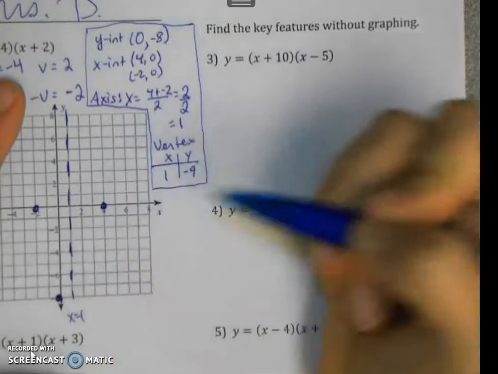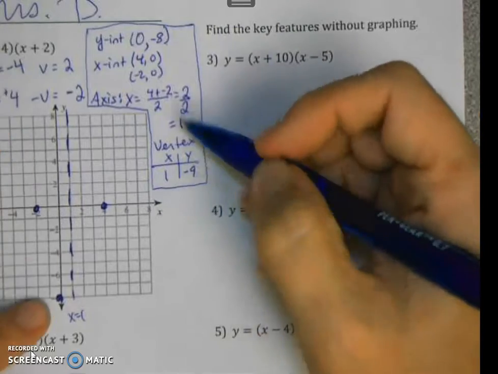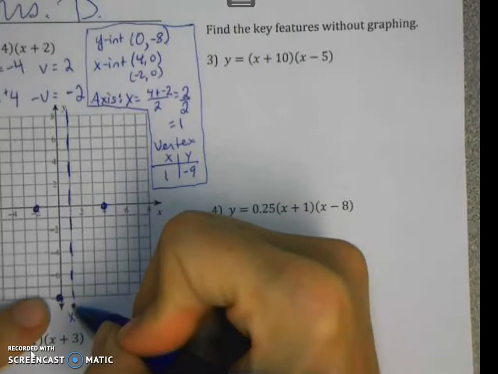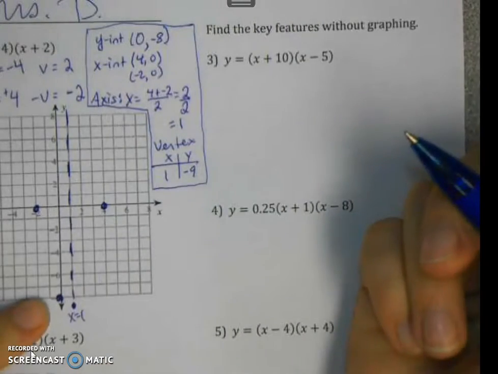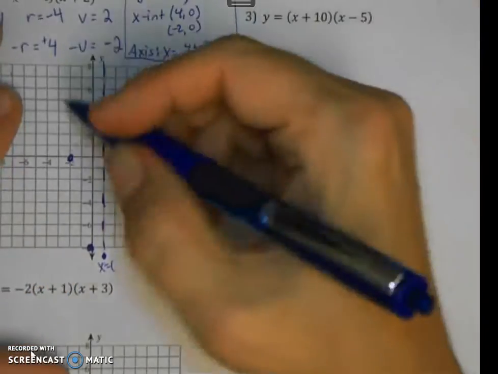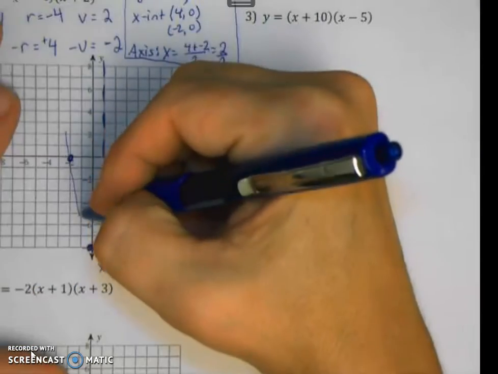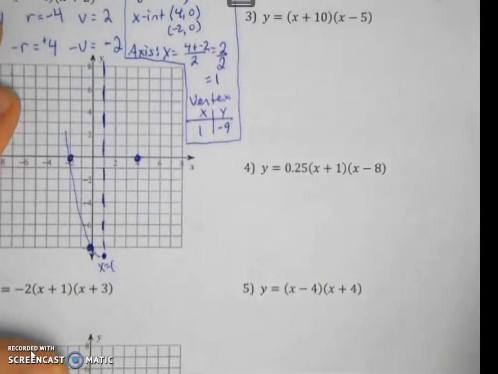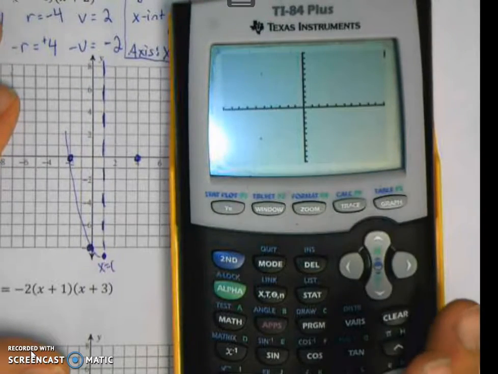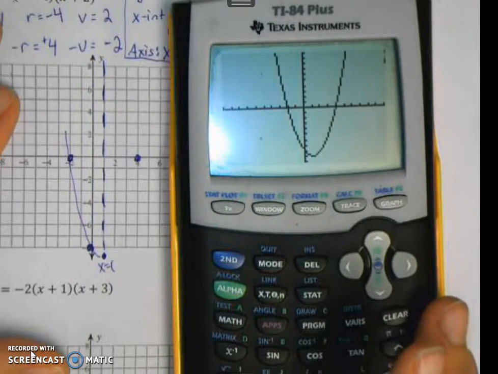X equals 1. And then at -9, I know that would be just about right here, wouldn't it? That's my vertex. So I can make a beautiful U shape. And I think I'll look at the picture just one more time. There we go. So yeah, that looks about right.